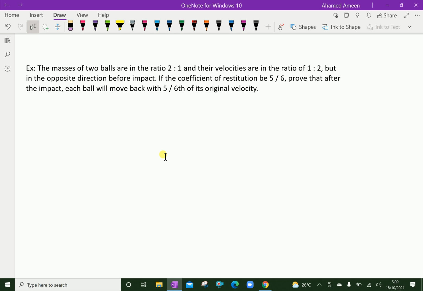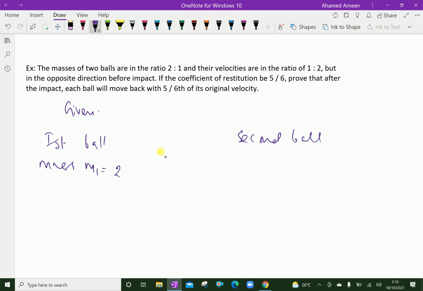We'll do this. Here, the given things. First ball, second ball. Mass of the first ball, m1 equals 2m, because the ratio is given as 2:1, so we keep 2m.